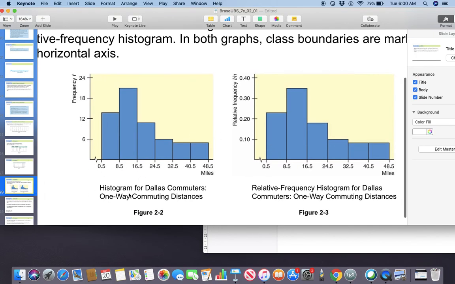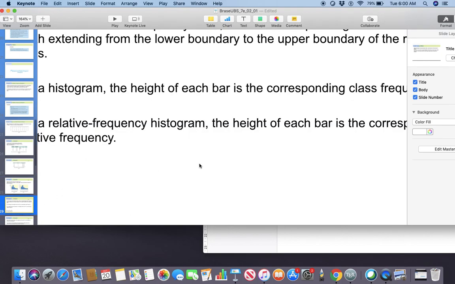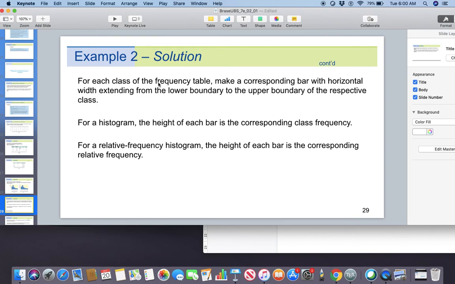So this is how you take your data, divide it into classes, and for each class find its frequency using your tally. Then when you draw, you use class boundaries so that the rectangles touch each other with the appropriate height. Now, for each class of the frequency table, make a corresponding bar with horizontal width extending.